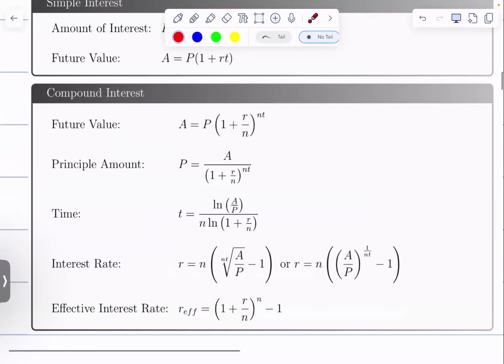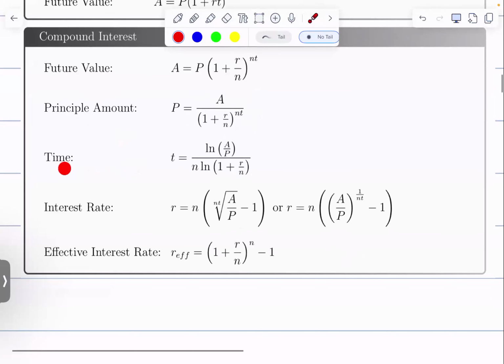As promised, last day, we had this equation, the future value equation, and we used it and we solved for P. I think we can all do that one. That one's pretty reasonable, but it's on your formula sheet just in case. There will be questions where you have to find the principal amount instead of the future value.